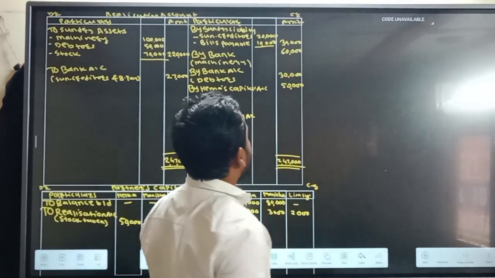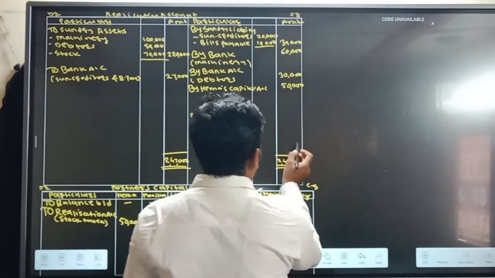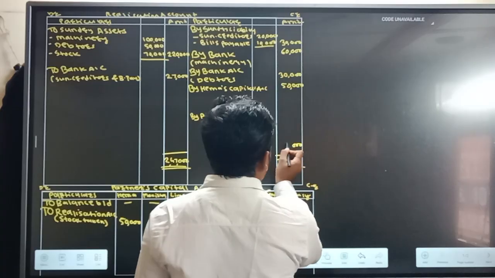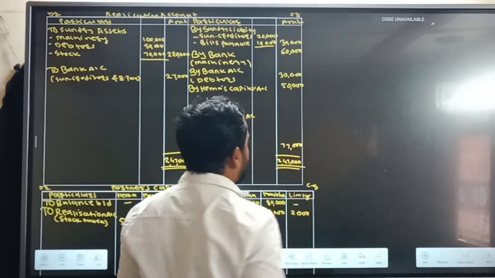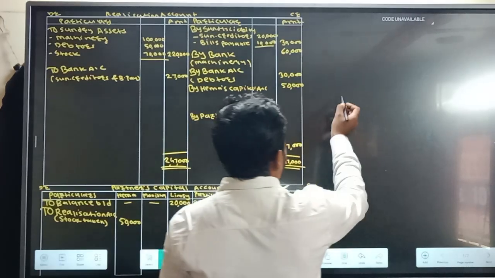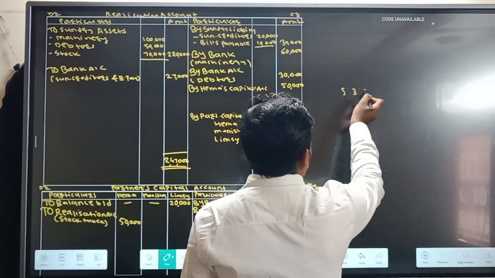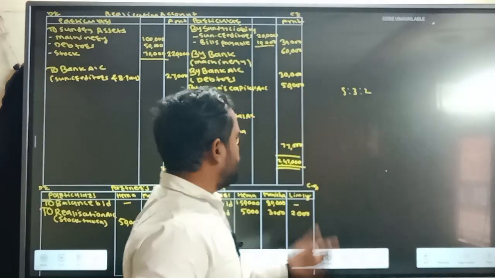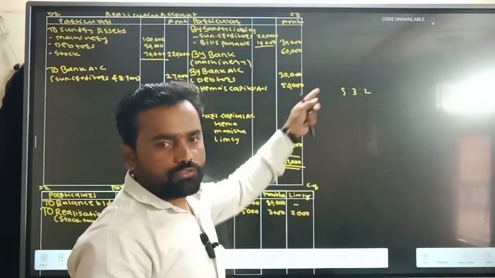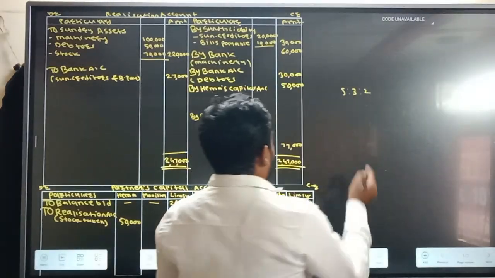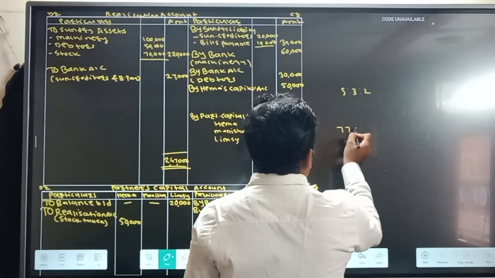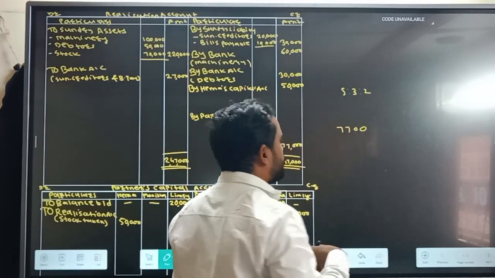So how much is the difference? 77,000. You have been given the ratio 5:3:2, so distribute this loss among the ratio. 77,000 divided by 10 means 7,700.